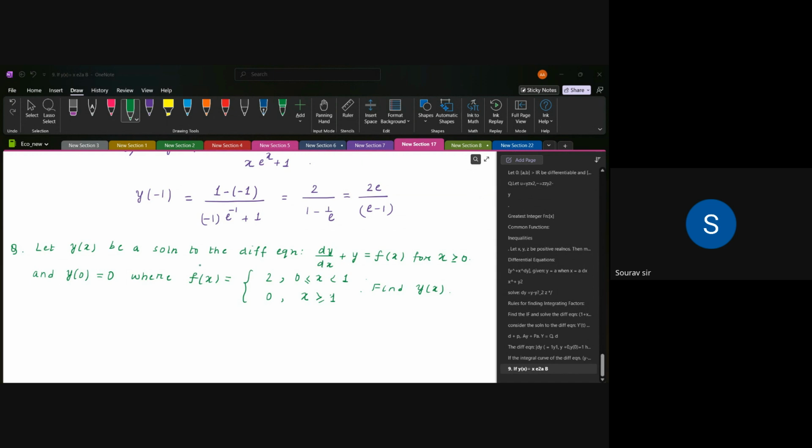So the f of x is given on the right hand side of the differential equation, right? And the functional value can be either 2 or 0 depending upon the range of x that we are talking about, right? So that means depending upon the range of x, you will have two possible differential equations, correct?